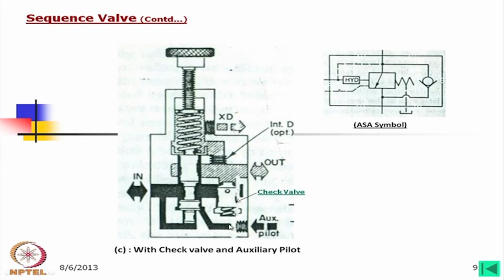So, this may be in any situation. If possible you can remember this symbol, or else just for your knowledge, this is the symbol of the sequence valve with check valve and auxiliary pilot.